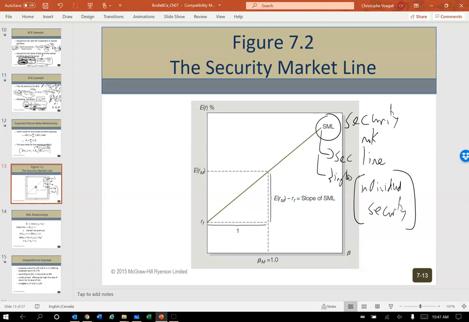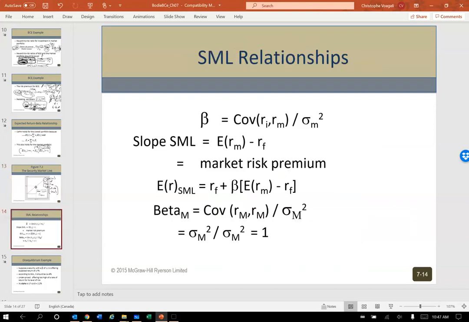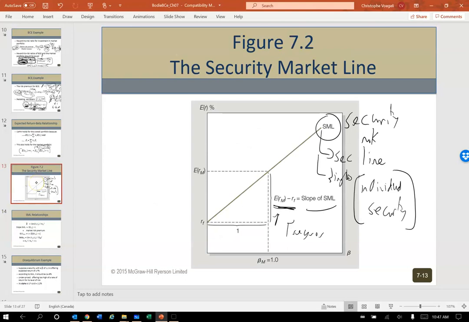The SML then becomes a linear line, just the way the CAL is, or the capital market line when we're using sigma, standard deviation. And again, the slope we get is going to be Treynor, which is the excess return of the market divided by the beta.